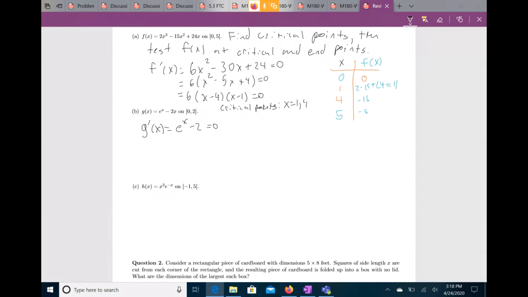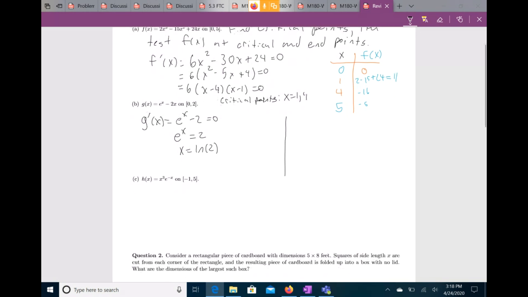We set it equal to 0. e to the x equals 2, which means that x equals the natural log of 2. So we have the natural log of 2 as our one critical point, and we just test the function at 0, ln of 2, and 2.